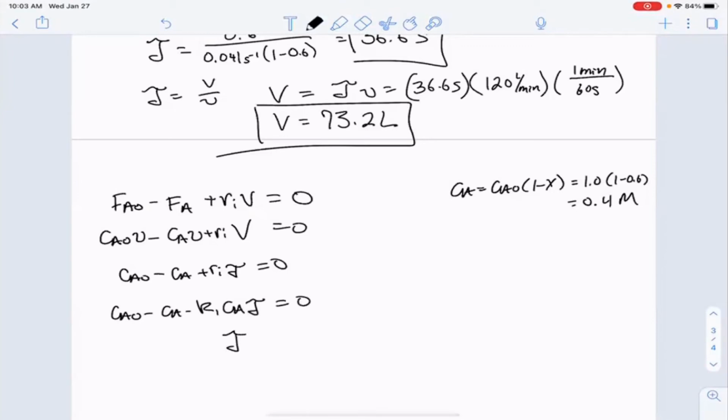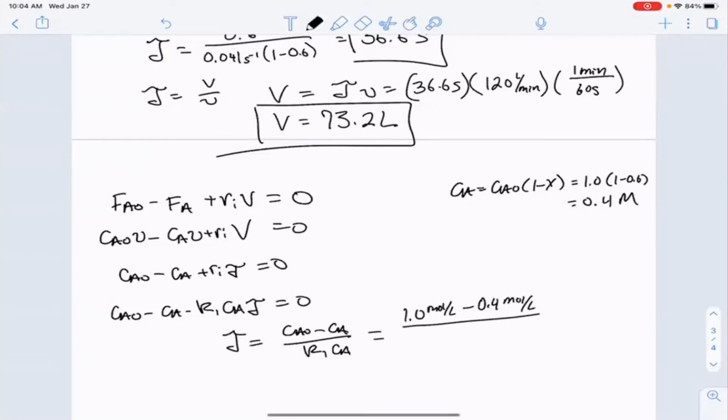And of course then tau is just equal to CA0 minus CA over K1 times CA. So that would end up being equal to 1.0 moles per liter minus 0.4 moles per liter divided by 0.041 inverse seconds times the concentration of A, which is 0.4 moles per liter. And that would still have gotten us 36.6 seconds.